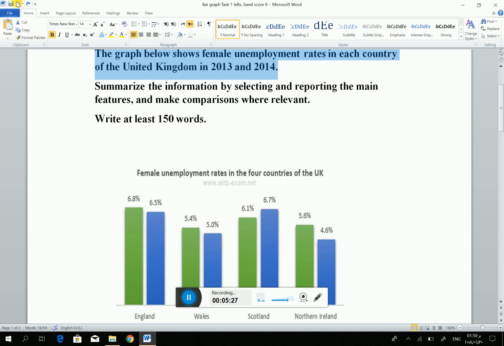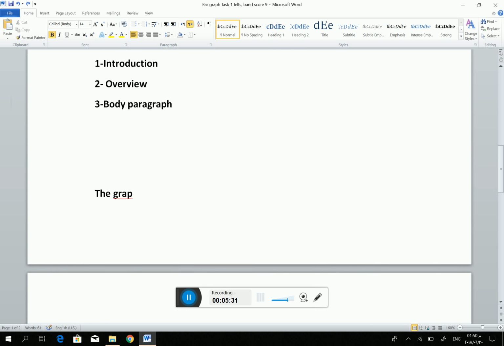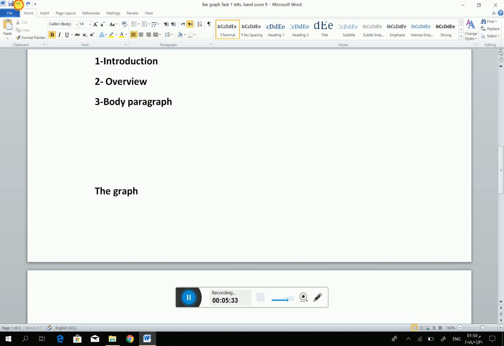The graph, instead of shows you can say illustrates. So the graph illustrates the percentage. Instead of rate you can use the word percentage. So you will write like this: the graph illustrates the percentage of unemployment.